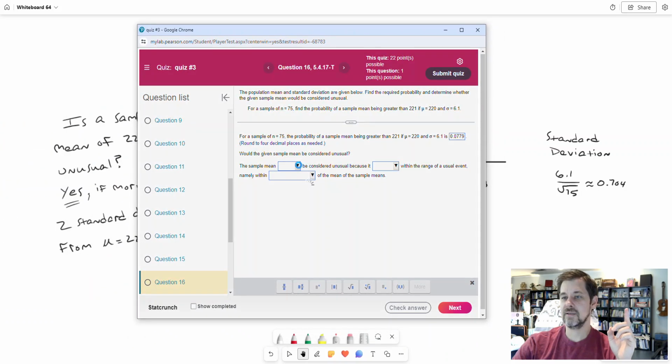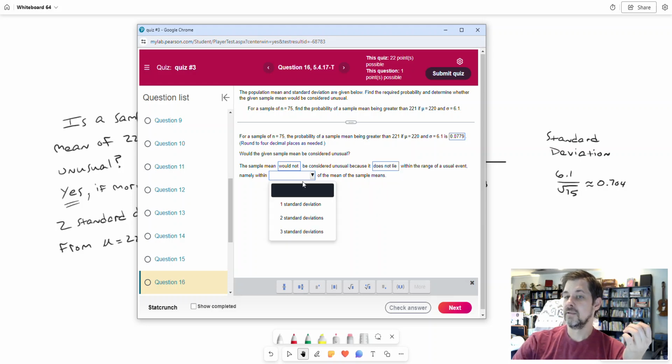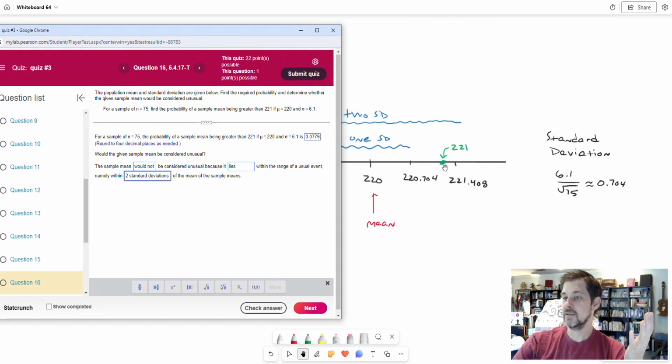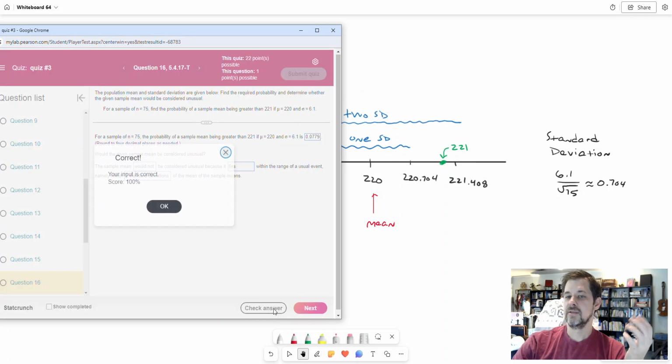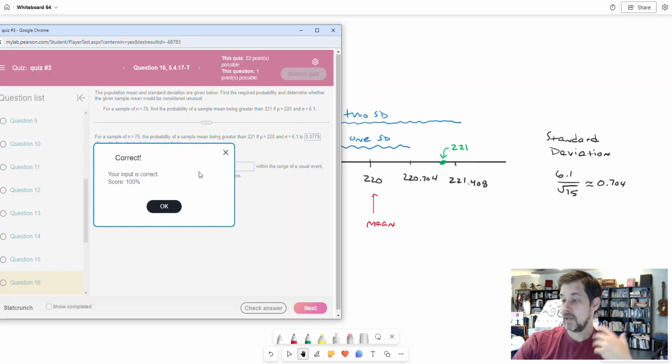So that means it would not be unusual, because it lies within 2 standard deviations of the mean. Okay, there it is. It's here, and 2 standard deviations goes all the way to here. All right. Okay, so that's how we answer it.